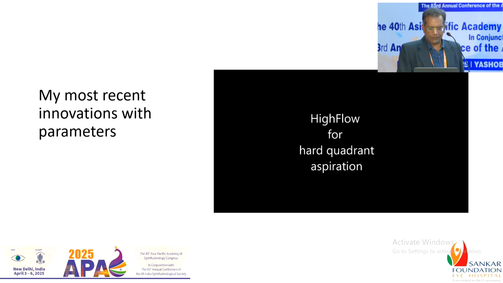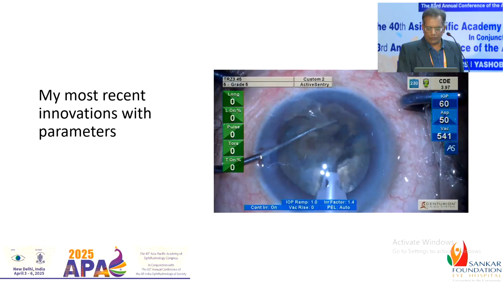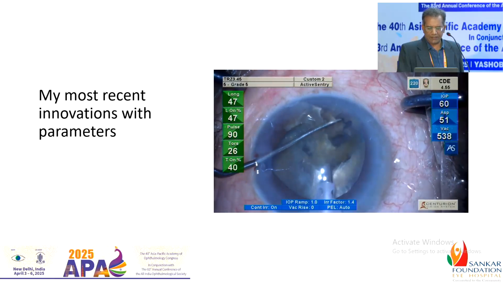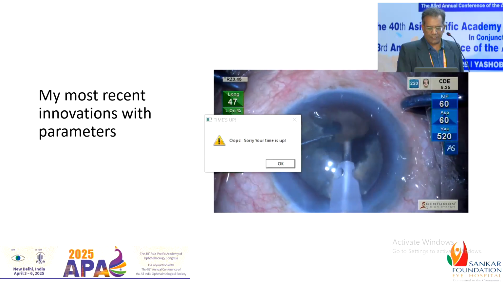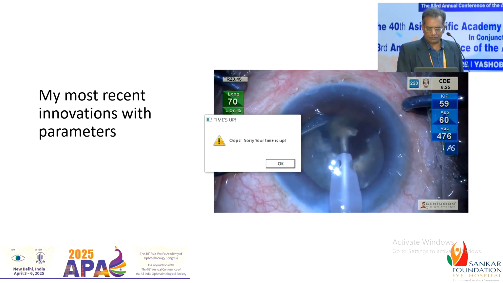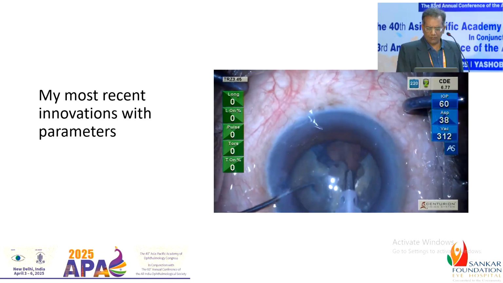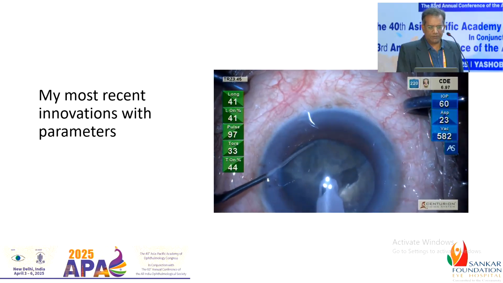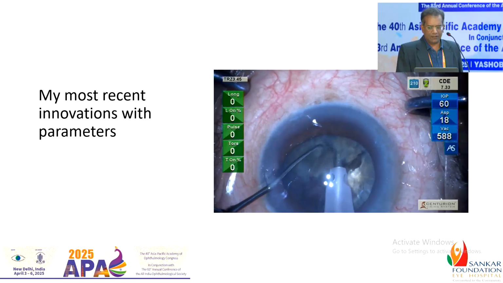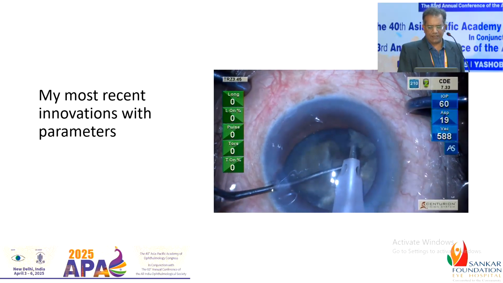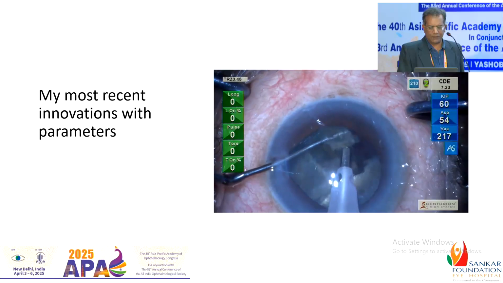And here we are using a flow modulation that is high in the middle part of the foot pedal. And that is why what we are doing is more efficient aspiration, and this has been possible because of the better active fluidics, Centurion, and all the improvements in the phaco machines.